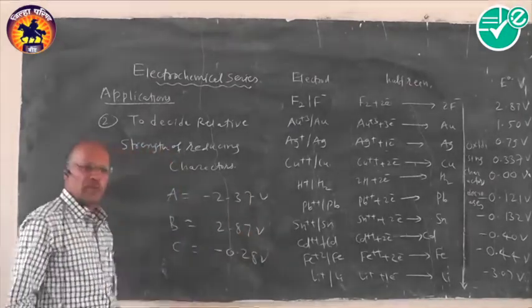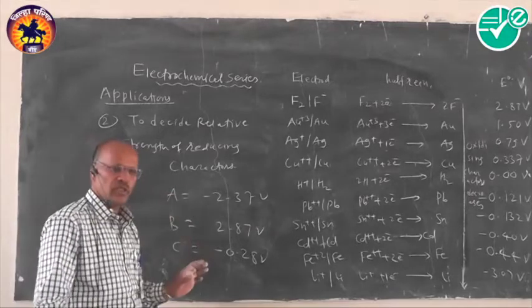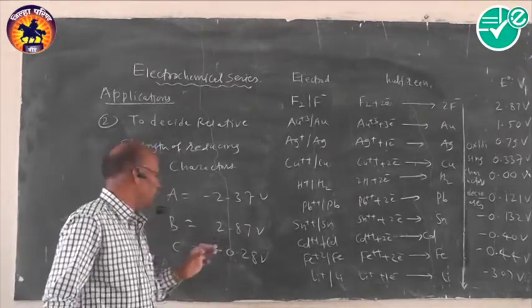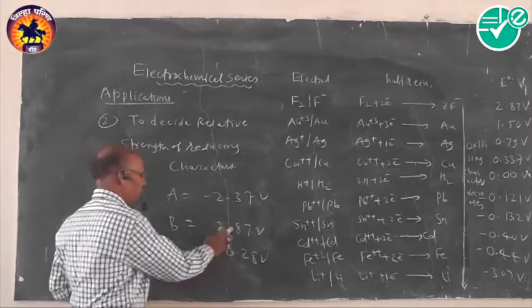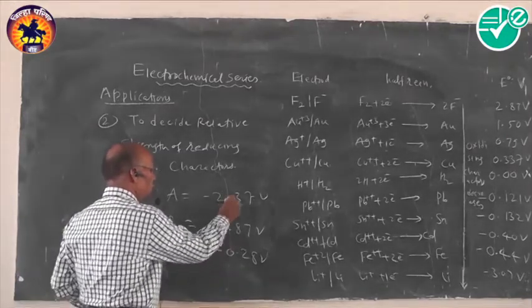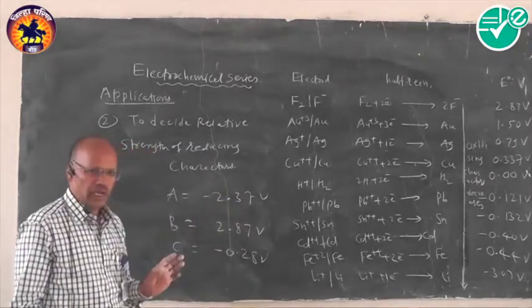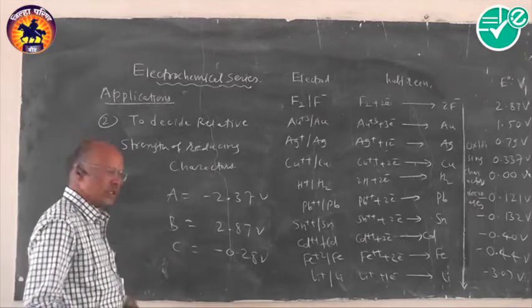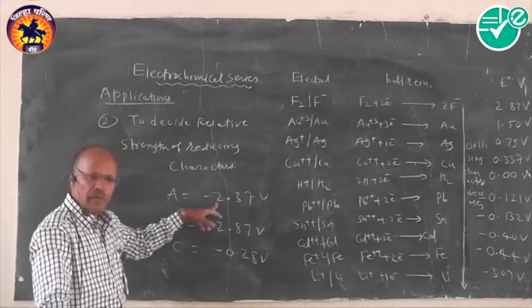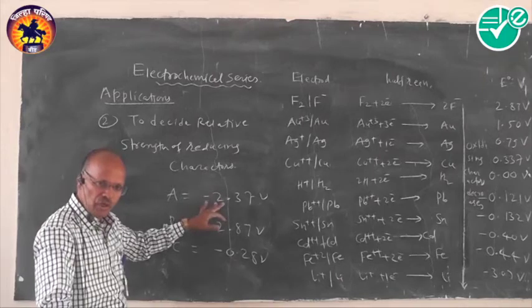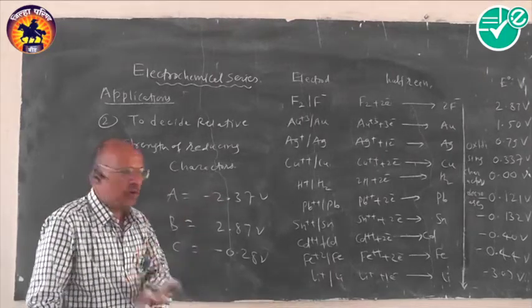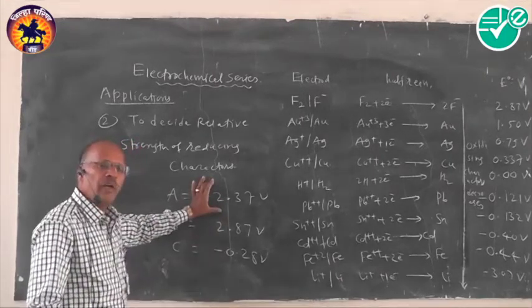So these are the given species. Now our question is, among these, which is the better reducing agent? What is our explanation? In this case, A has the more negative value of the standard potential. As it shows a more negative value, it is acting as a better reducing agent.